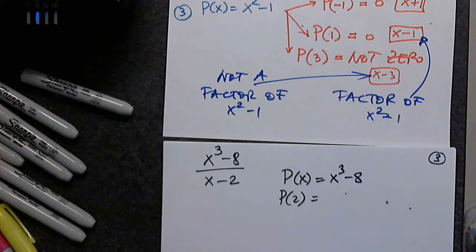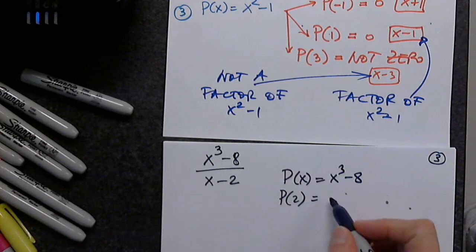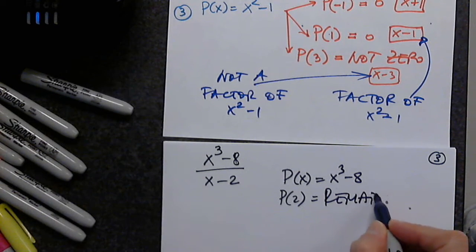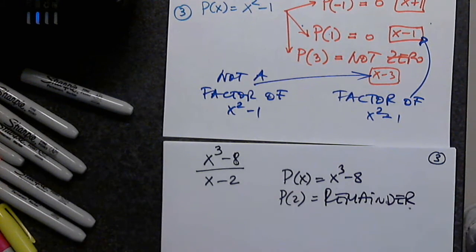That's how I find the remainder. Just the remainder, whatever that is. If the remainder happens to be 0, what will I say about x minus 2 again? Factor of x cubed minus 8. These are two very important theorems.